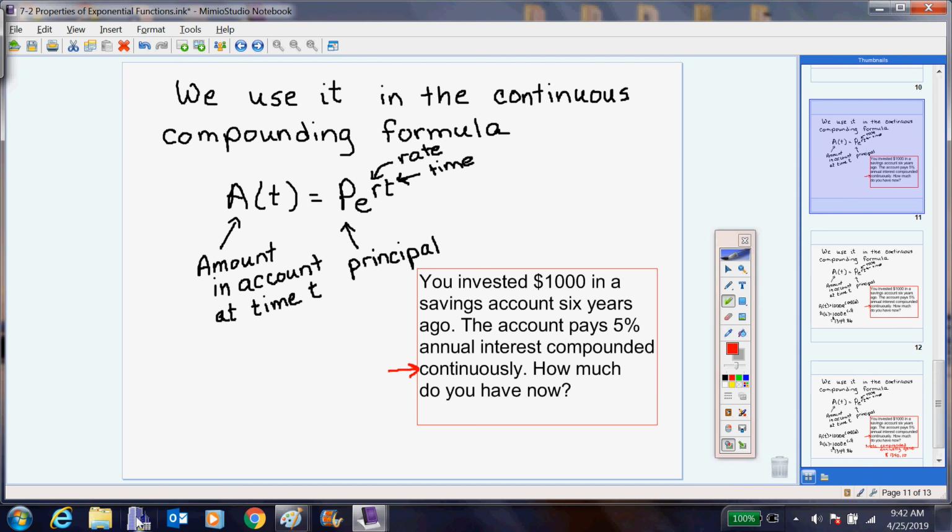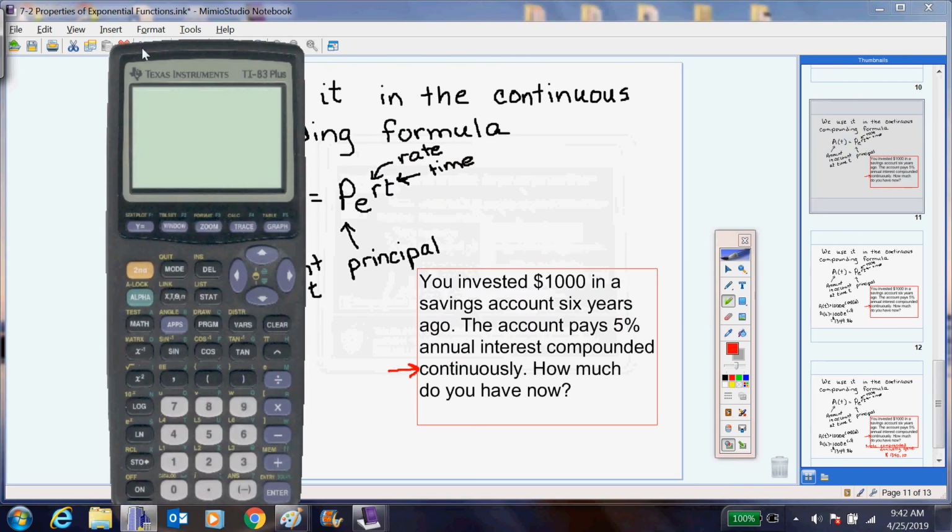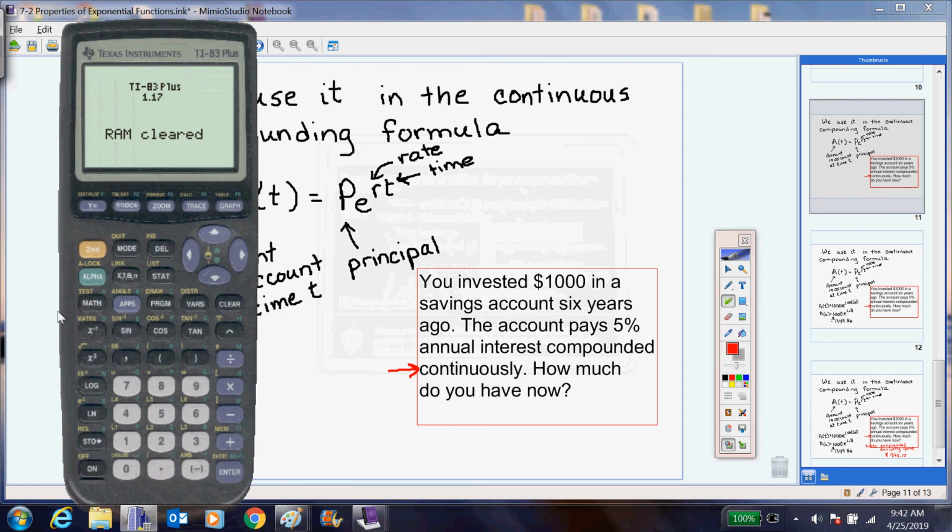And we can put this in our calculator so that we know. I want you to see where the E lives in your calculator. So we're taking 1,000 times E, which is the second button of the divided by sign, second E. Caret means to the power of rate 0.05 times 6.